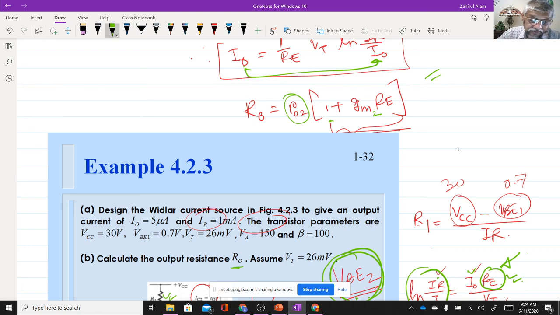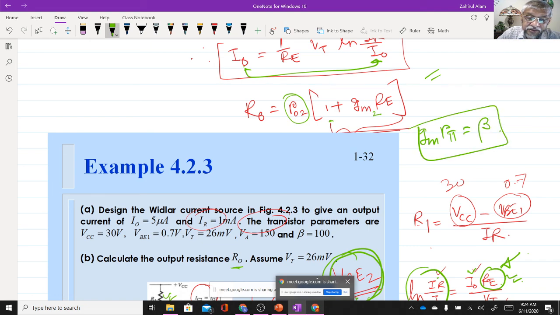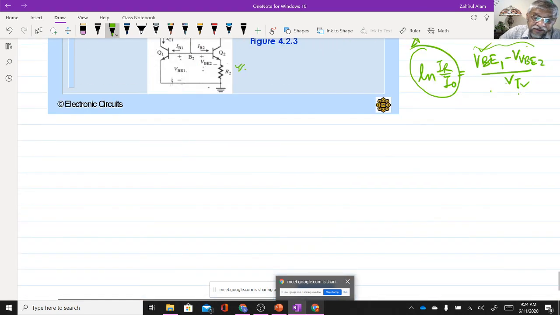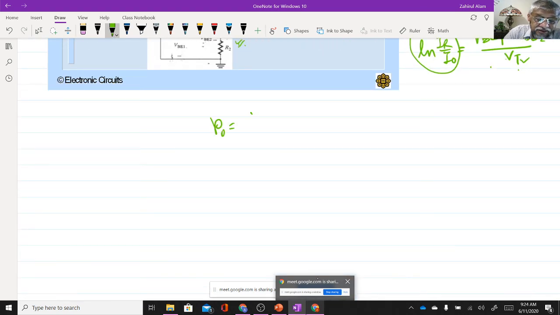So we need to use some formula. Later you can check this one, because Gm2 R pi is equal to beta. Last time we mentioned R0 is equal to VA over ICQ.